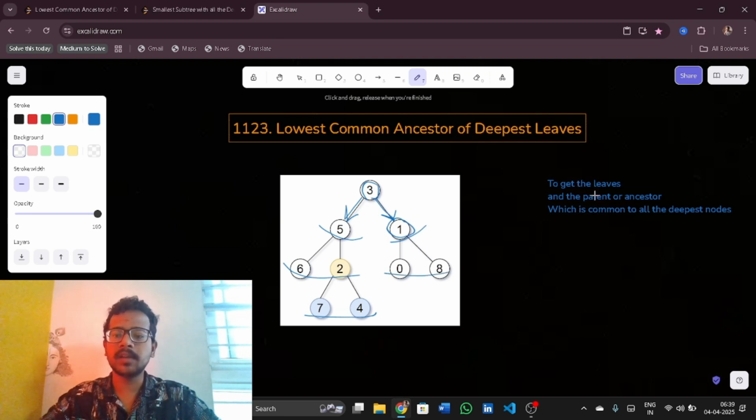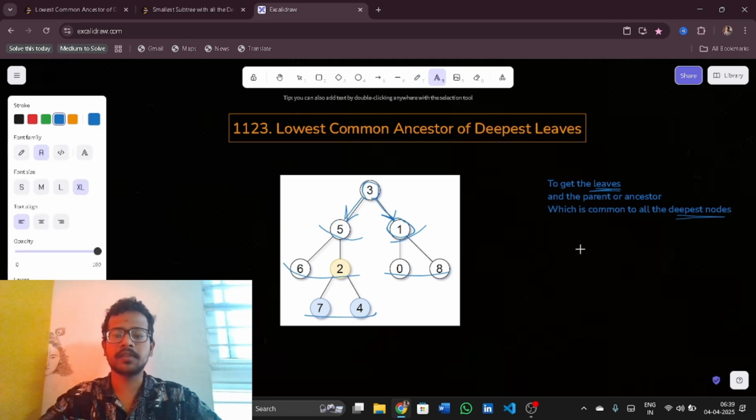Now, where will the leaf nodes be? The deepest leaf nodes will be in the subtree which has more depth, right? This has 3 and this has 2. So if I go here, I don't find the deepest leaves, so that's why I don't go there. I would go rather to the deepest subtree.